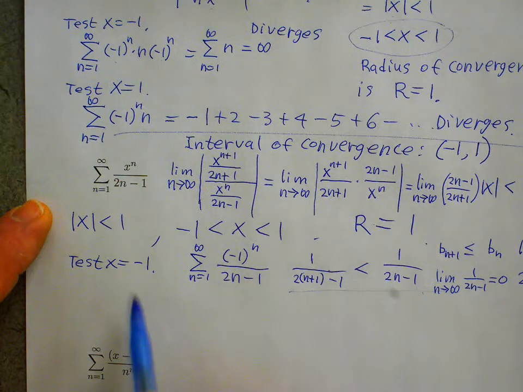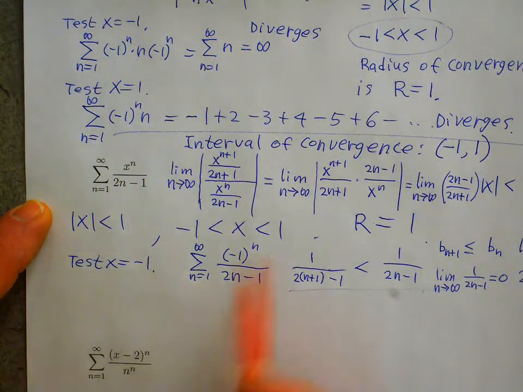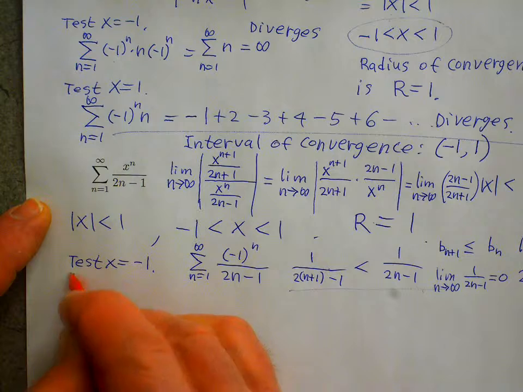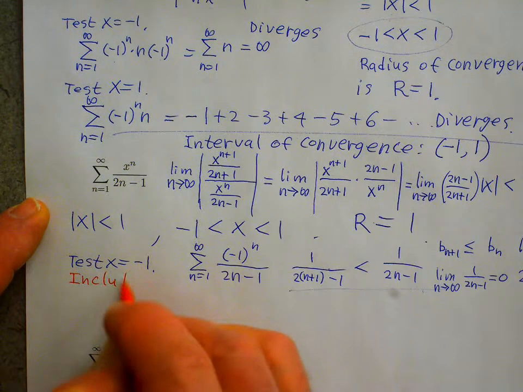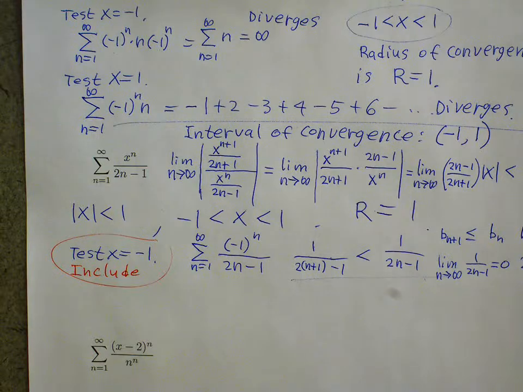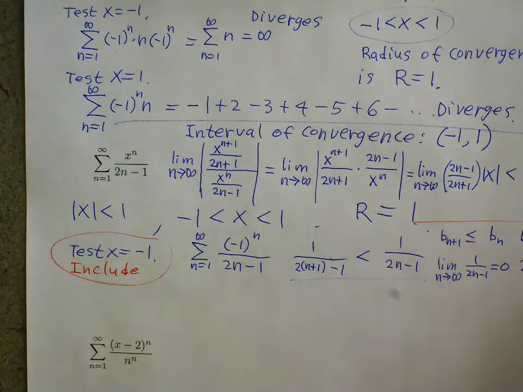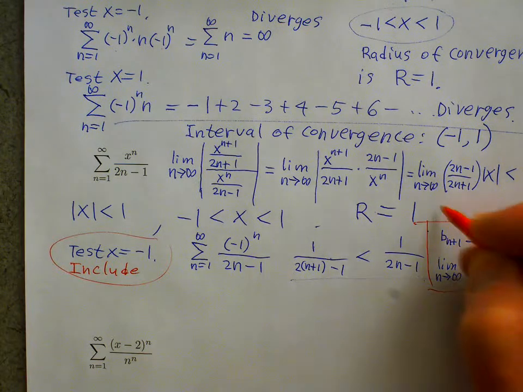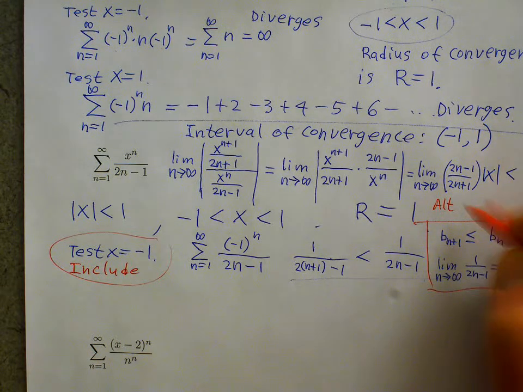So that means we're going to include -1 in the interval of convergence. Okay, so we just use the alternating series test, and both conditions are satisfied.